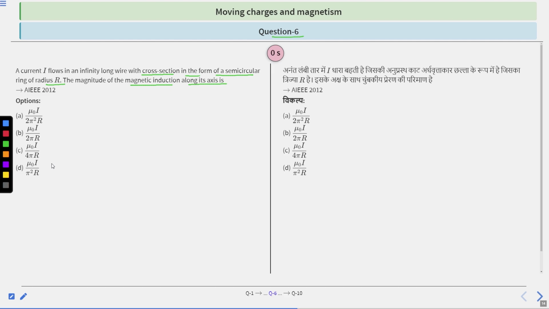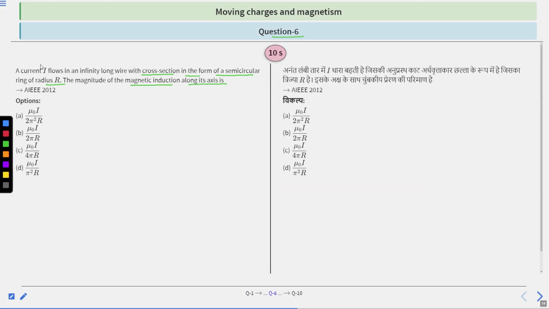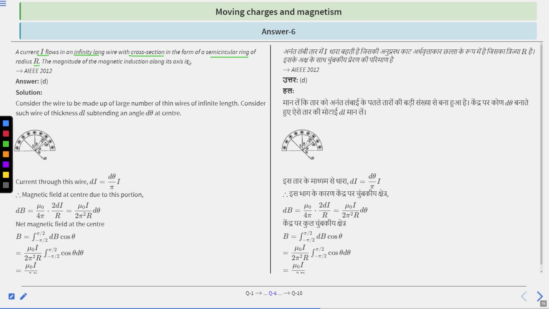Let's find the solution. So we know the current I flows in an infinitely long wire of cross section in the form of a semicircular ring of radius r, which is given in this question. Clear? And we have to find the magnetic field induction along its axis.